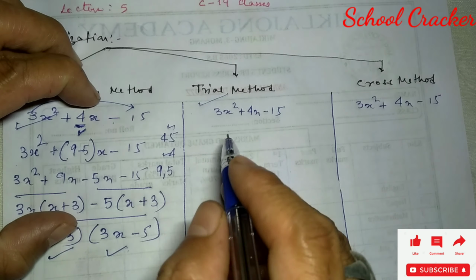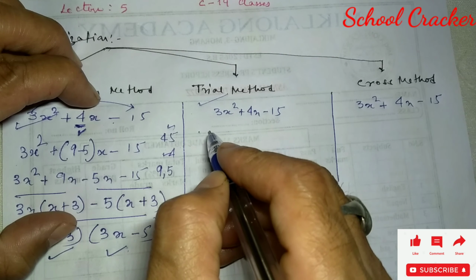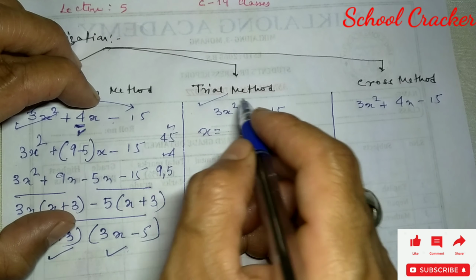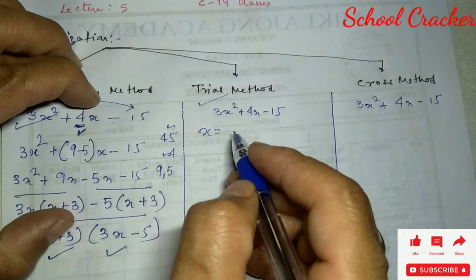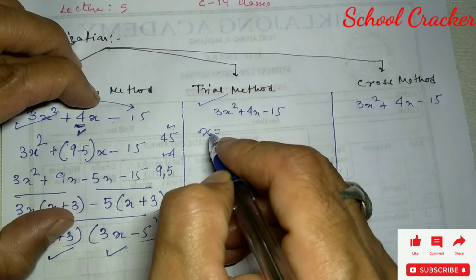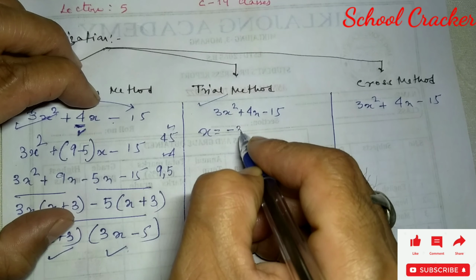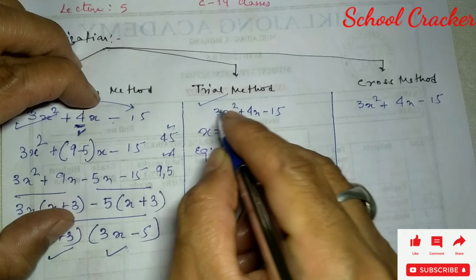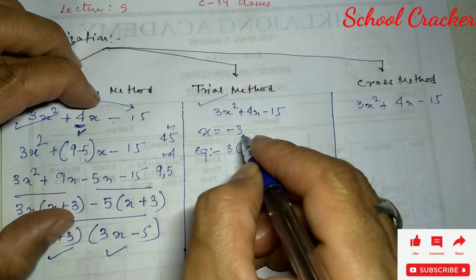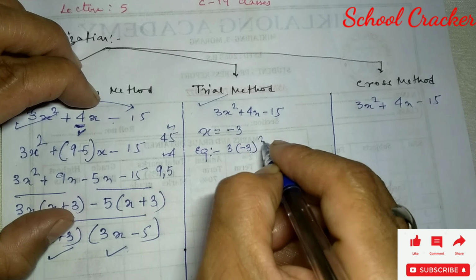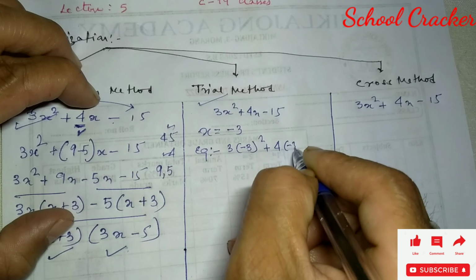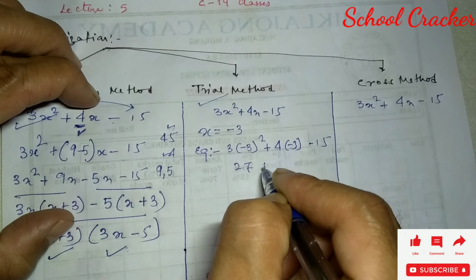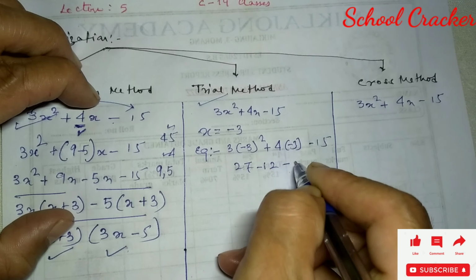In this method, think of a value of x such that this whole polynomial will get converted to 0. After trial, the value of x is minus 3. For example, cross check. We just put this minus 3 in this polynomial. So that is giving us 27 minus 12 minus 15.